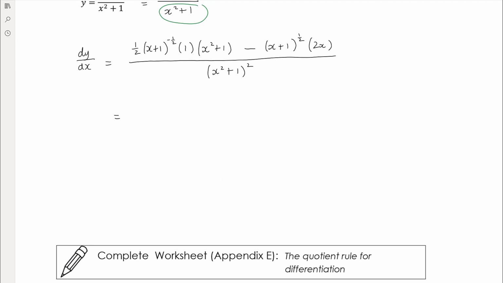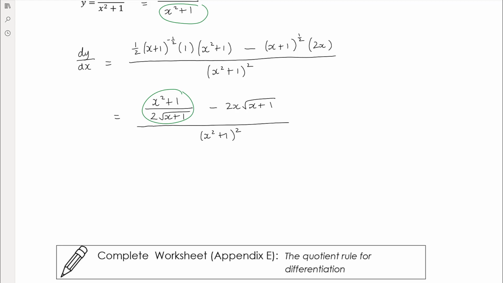Focusing on the numerator, we've essentially got x squared plus 1 over 2 root x plus 1. That's that first term. And we're subtracting 2x root x plus 1, and we're dividing by x squared plus 1 all squared. Okay, so this is the issue, this fraction in a fraction problem.